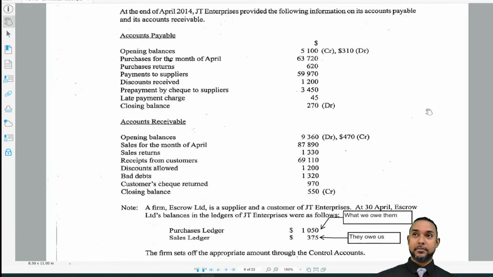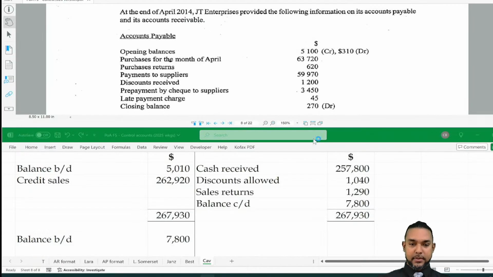Oh, both of them. That's the amount they set off in both accounts. Right, so the set off does what? It reduces or cancels debts. So it'll cancel the liability. Right, so let me start doing this one.